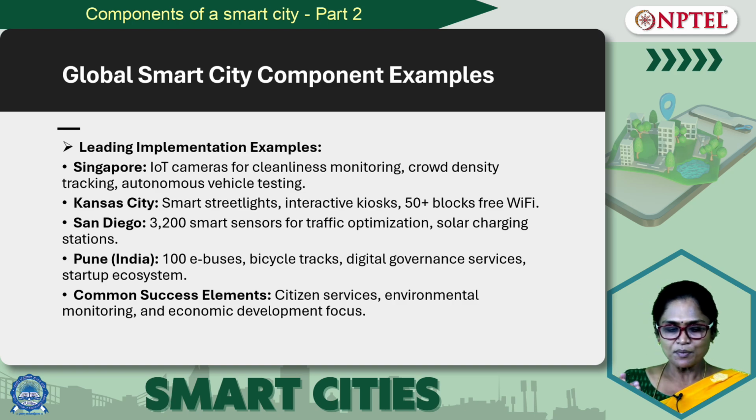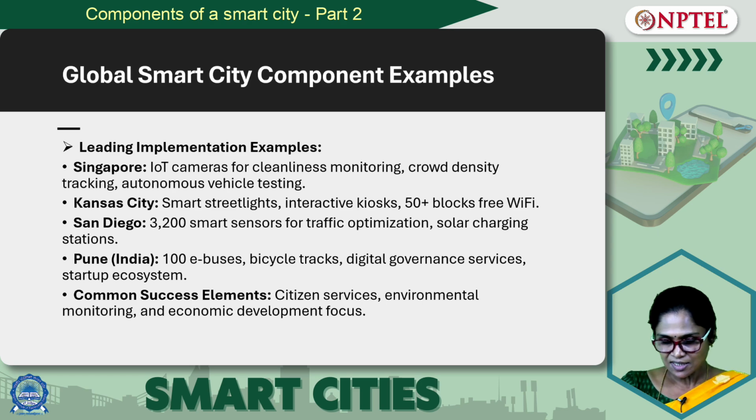It deploys IoT cameras for cleanliness monitoring throughout the city, every corner, a highly monitored, dense network of cameras. They also have a crowd density tracking system, which prevents dangerous overcrowding, and autonomous vehicle testing, which prepares for future transportation. It's one of the very classic examples which everybody is aware of.